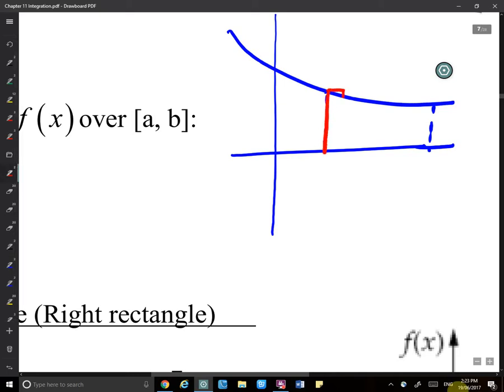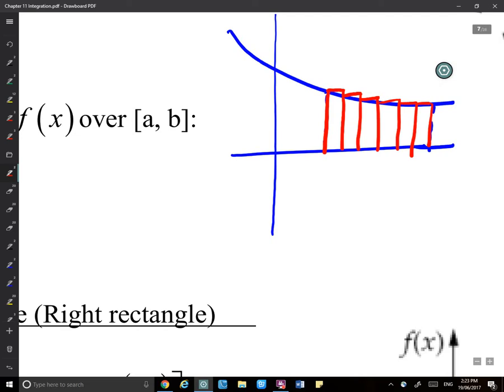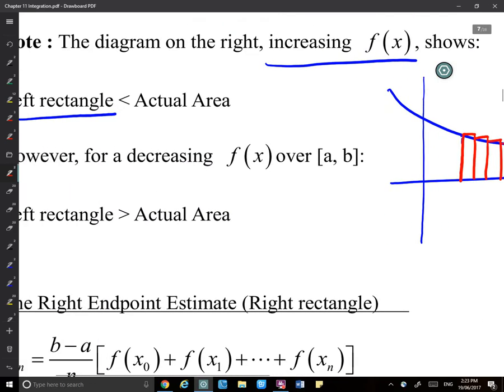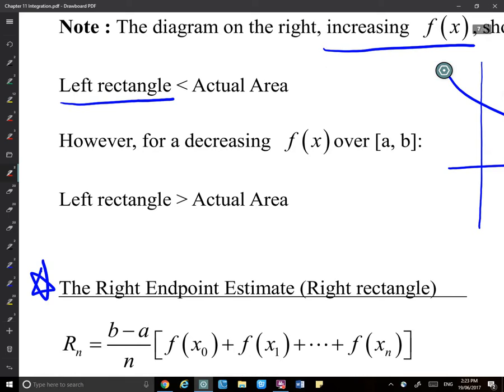I go for this much, that's my first rectangle, and that's my second rectangle, that's my third, fourth, fifth, and last rectangle. You can see the area is actually more than the actual area. If it's a decreasing function and I use left-hand side estimation, then the actual area will be less than the estimation area. So if it's a decreasing function, left-hand side rectangle estimation will be larger than the actual area.